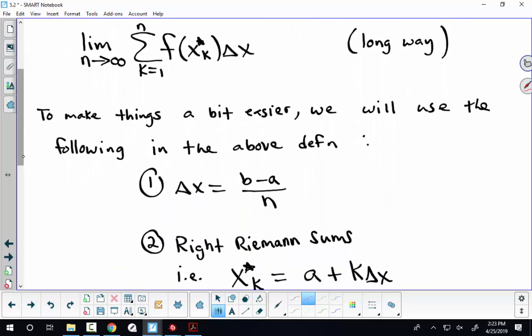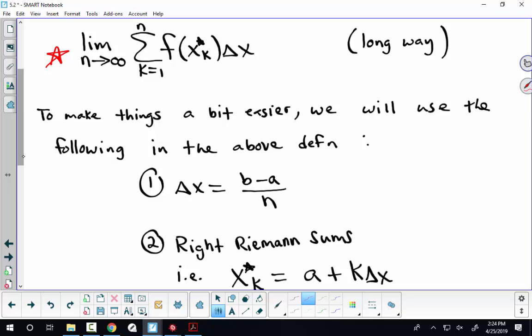Honestly, I said it's the long way because this is equivalent to finding the difference quotient, simplifying, and then letting the h go to 0 to find a derivative. There's a long way to find a derivative. This is the long way to find the definite integral. So we're using that definition right here to compute this.